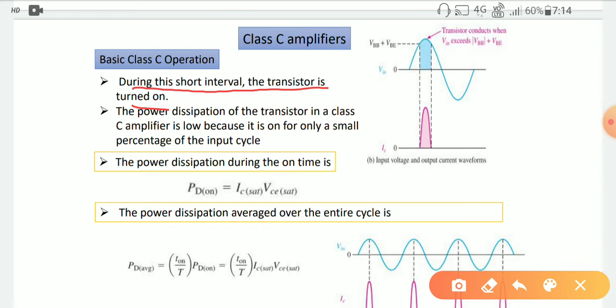Because the transistor is on only for a short duration, its power dissipation is very low, so the Class C amplifier has low power dissipation.